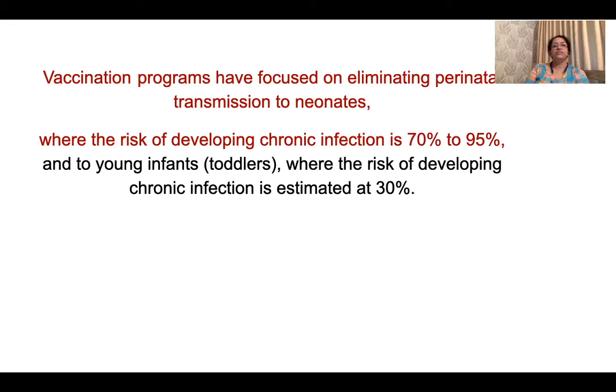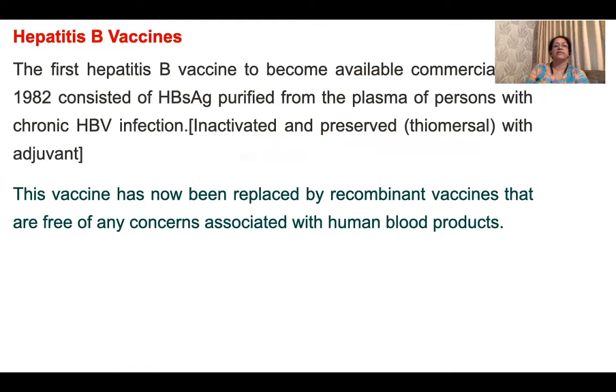This vaccination program has focused on eliminating perinatal transmission to neonates, where the risk of developing chronic infection is 70 to 95%, and to young infants, that is toddlers, where the risk of developing chronic infection is estimated at 30%. Now, see about hepatitis B vaccines, how they developed.